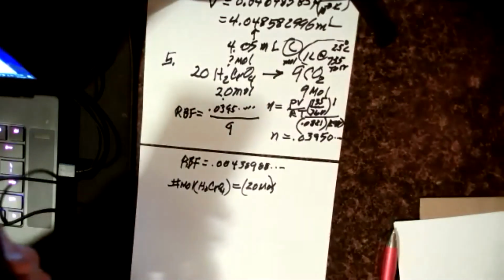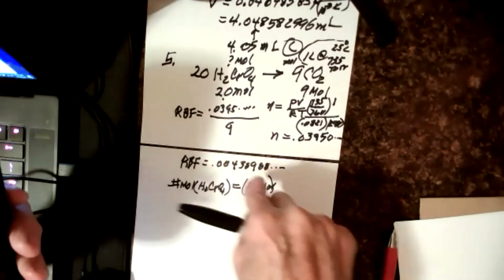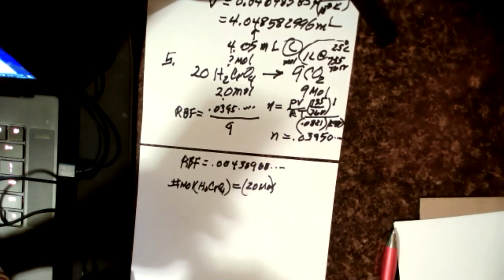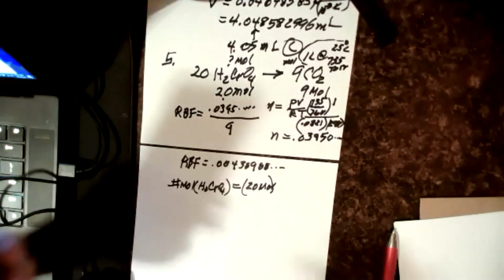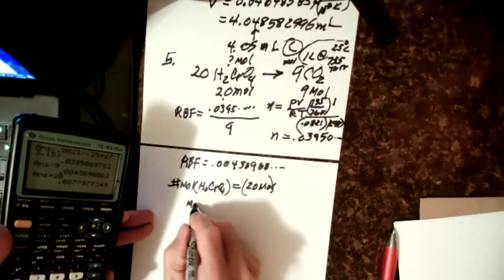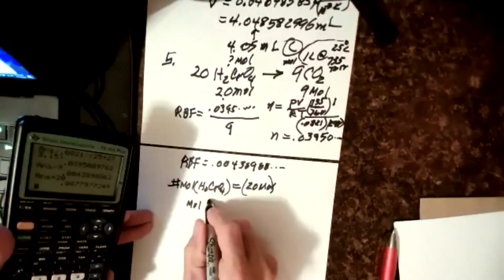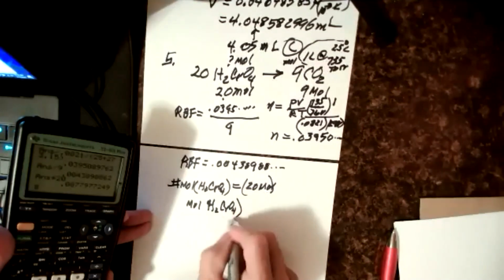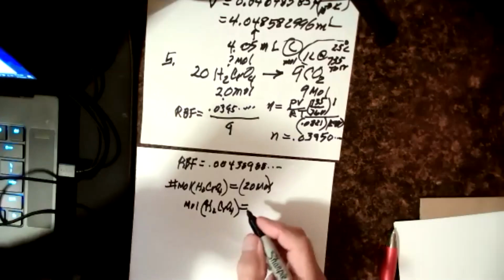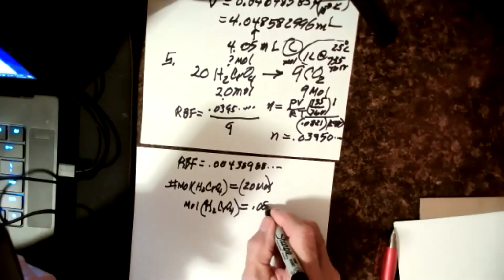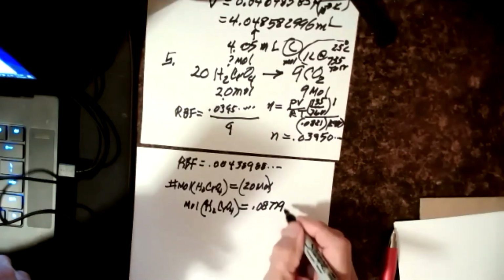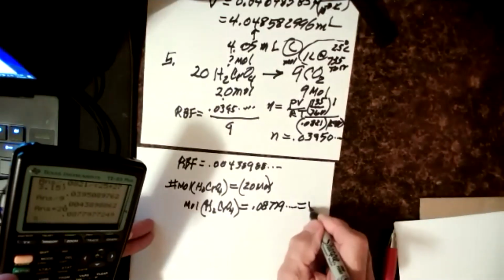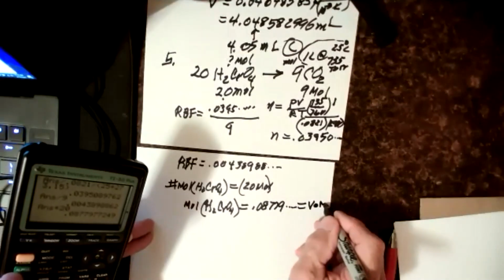I need to multiply that, this times the 20 moles, so times 20. And what I come up with now is the number of moles of the chromic acid is equal to 0.08779 and some more digits, but that has to equal the volume times the molarity.